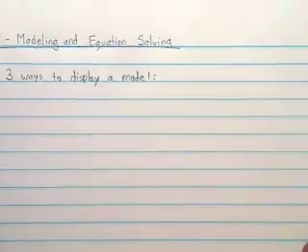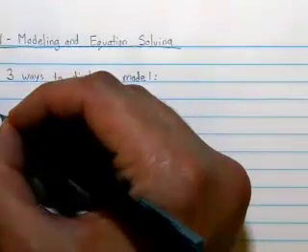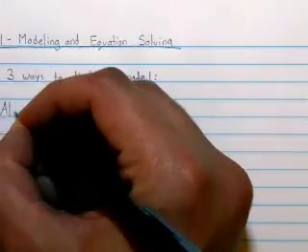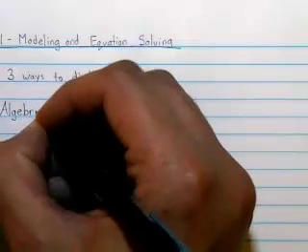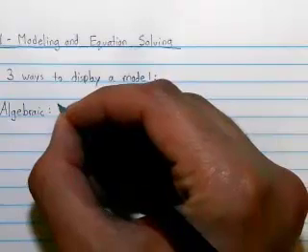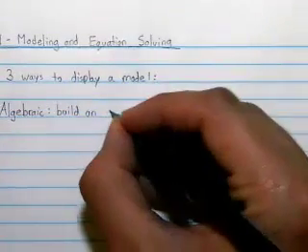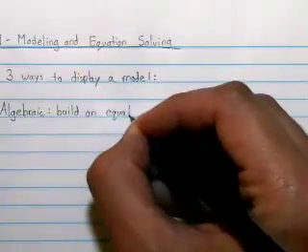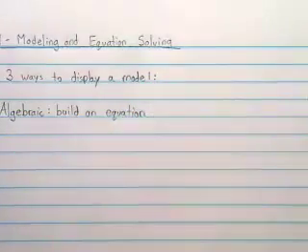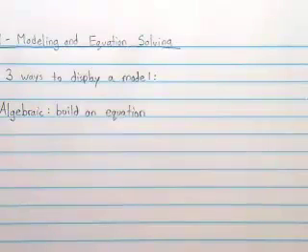All right, so like we talked about, we have algebraic, which essentially is building an equation. That's usually the more difficult one for people, trying to figure out how we can formulate an equation for a certain situation that we have.